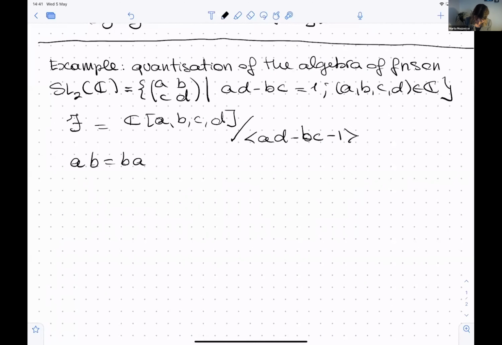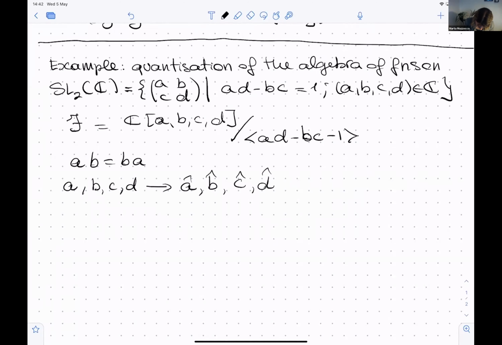We want to quantize the A, B, C, D to some objects, which I denote by some symbol, A hat, B hat, C hat, D hat, which are no longer commutative, but which satisfy some relations between themselves. And these relations will eventually give me back the relation we had in the classical case.